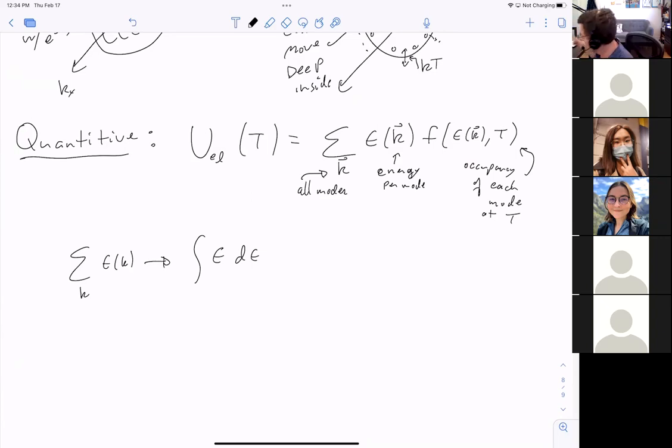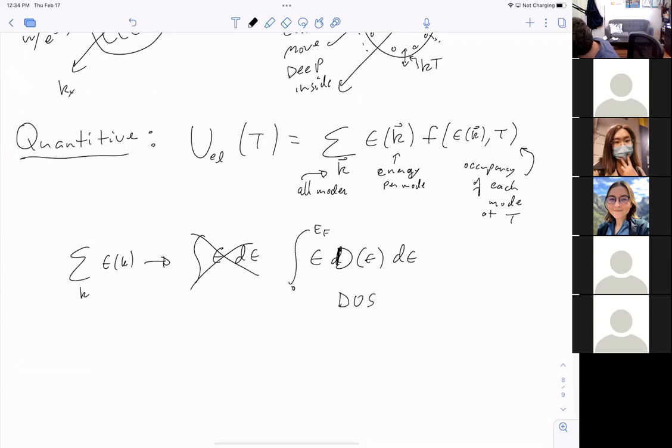We need the density of states, integrated dE, where this is from 0 to E_F. So that's what we're going to do next. We'll talk about the density of states. And we also need to deal with this f(epsilon, T), the occupancy. So these are the two things that we need to deal with, the density of states and the occupancy.